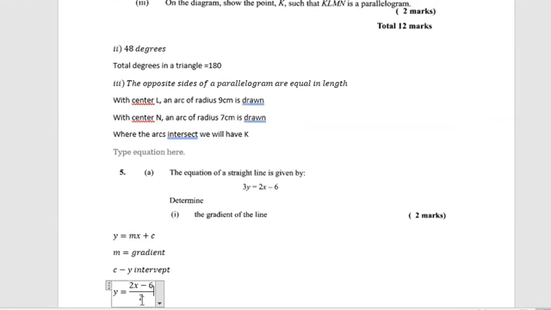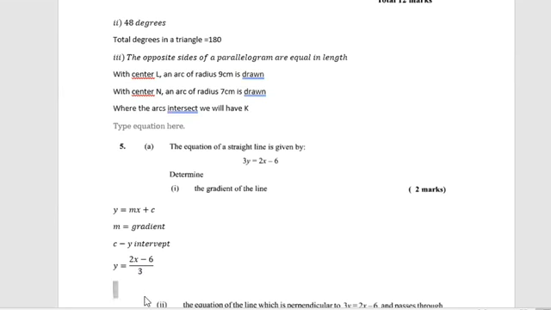Because I'm moving the 3 from beside the y, it was multiplying. So when it comes across, it will be divided, and we're dividing each term by 3. So therefore, my gradient m is equal to 2 over 3. And that is the gradient of the line.